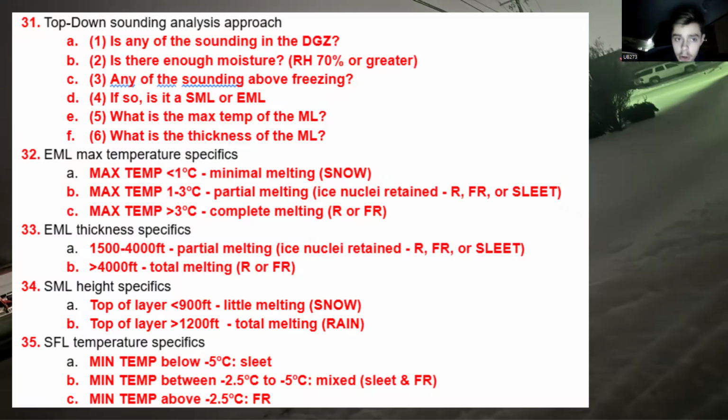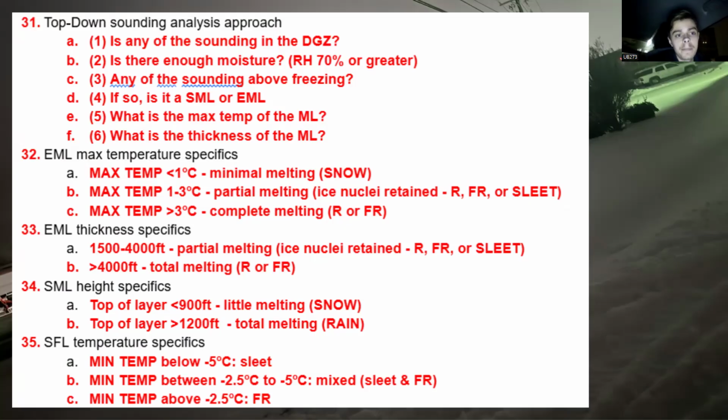It's a top-down approach. It starts with seeing if any of the sounding is in the DGZ, the dendritic growth zone, which is from -12 to -18 degrees Celsius. Next, we're going to see if there's enough moisture to even have precipitation. We'll do that by checking the relative humidity.